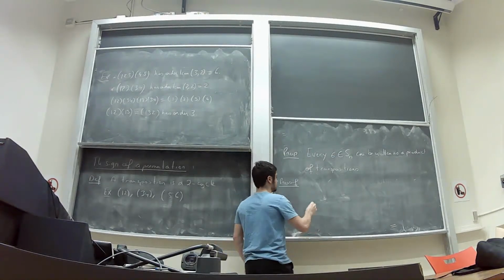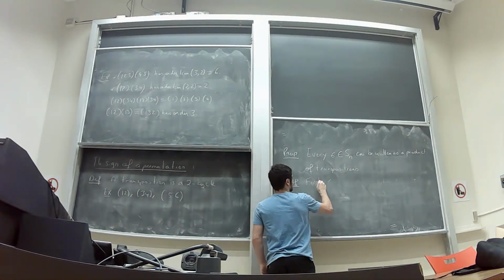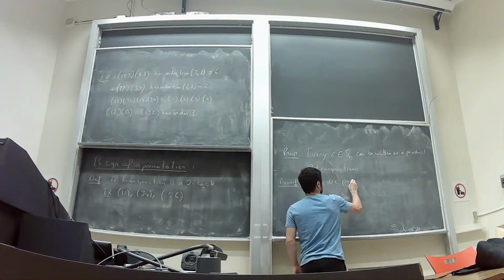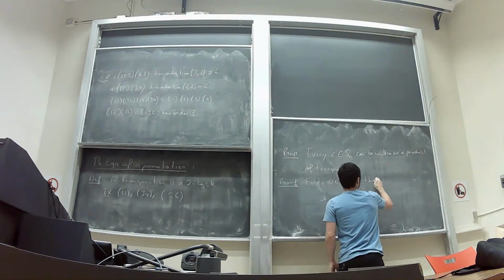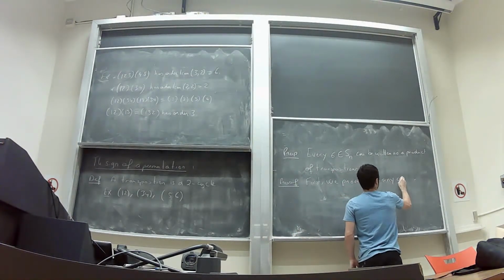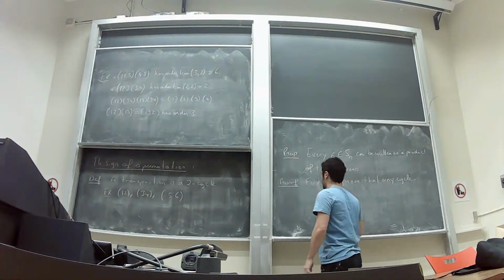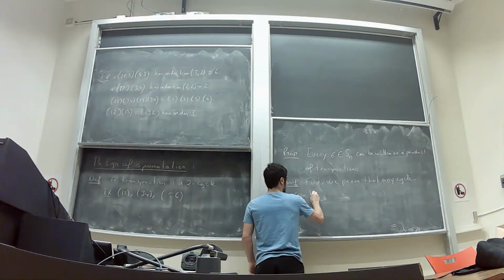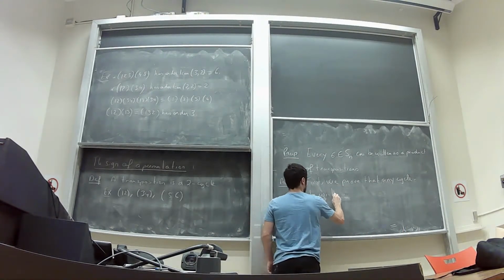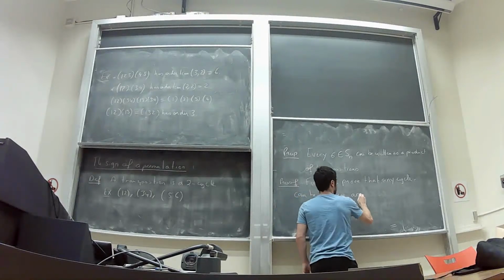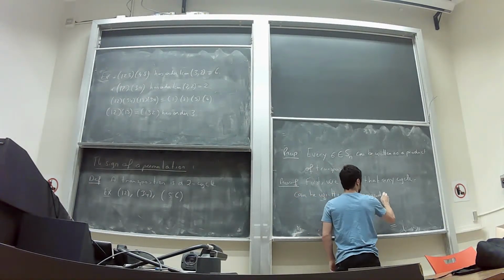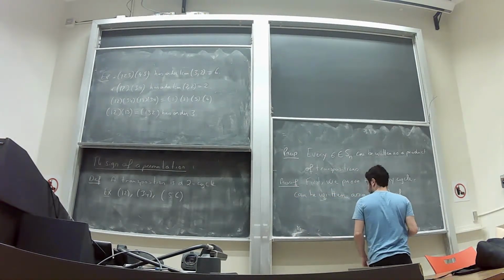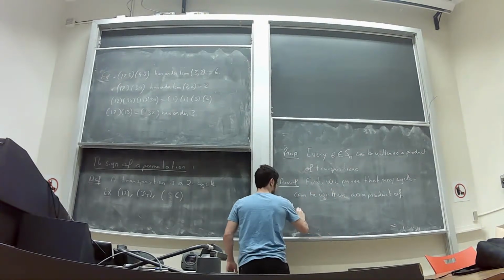First, prove it for cycles. First, we prove any cycle can be written as a product of transpositions.